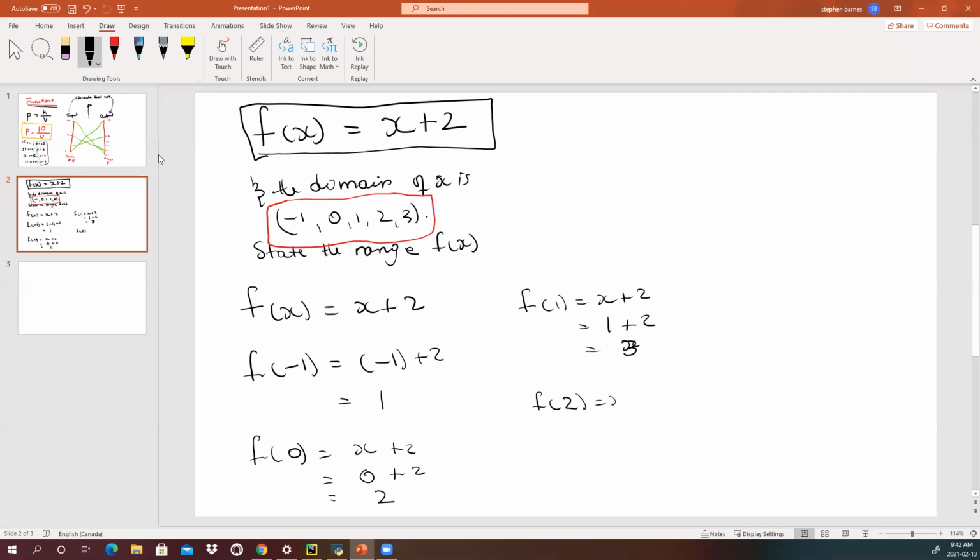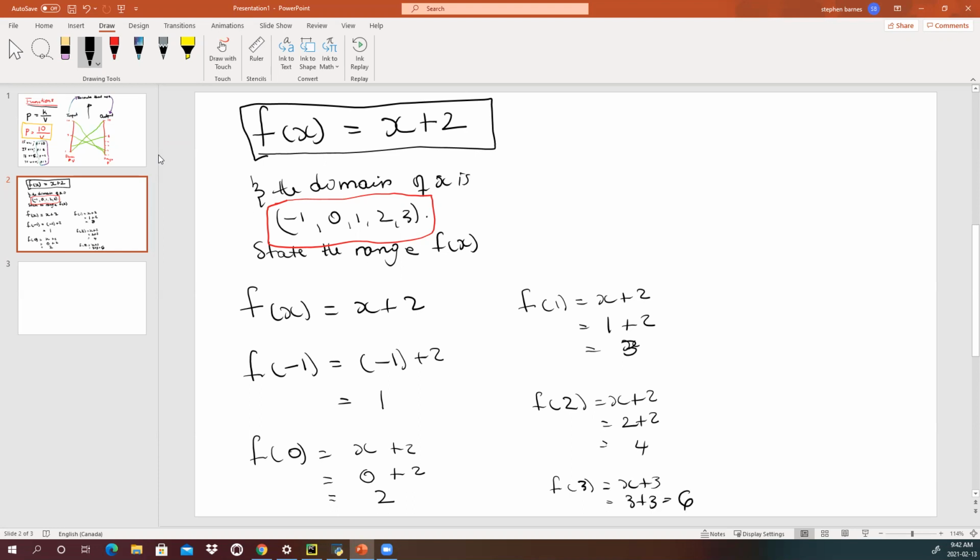So f of 2. And the last one is going to be f of 3, which is x plus 2, 3 plus 2 equals 5.